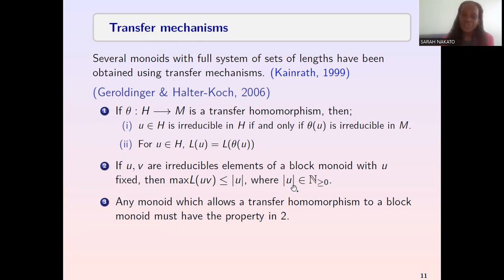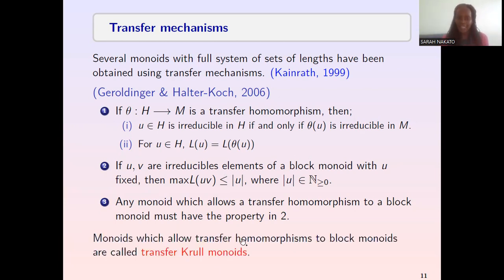So block monoids have been used widely, like I said. Actually today, monoids which allow transfer homomorphisms to block monoids are called transfer Krull monoids. Like I said, another name for block monoids is monoids of zero-sum sequences. That's a more common term, maybe.